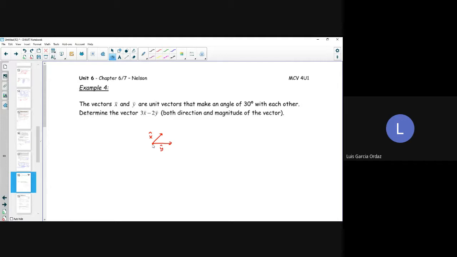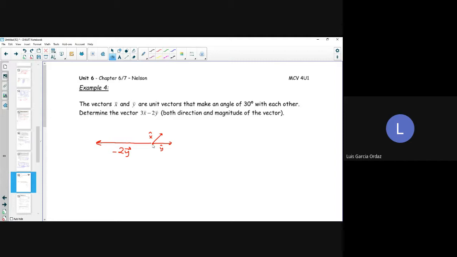Okay. I need to determine the vector 3x minus 2y. So this is a unit vector y, which means that I need to figure out what negative 2y is. So my new drawing is going to have minus 2y go the opposite direction. This will be negative 2y, or vector negative 2y.